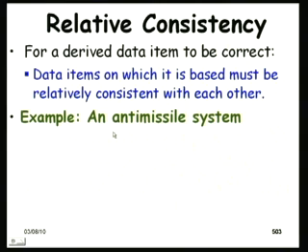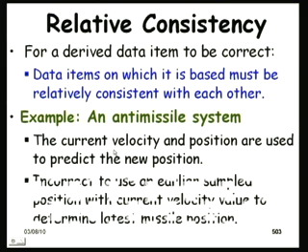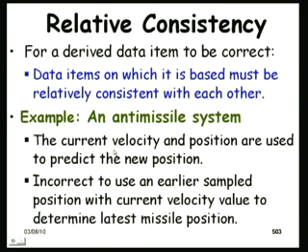Let us consider an anti-missile system. Now, let us say the current velocity and position of the missile is used to predict the new position of the missile. There are two primary parameters, the current velocity and the position, that are used to derive the new position.